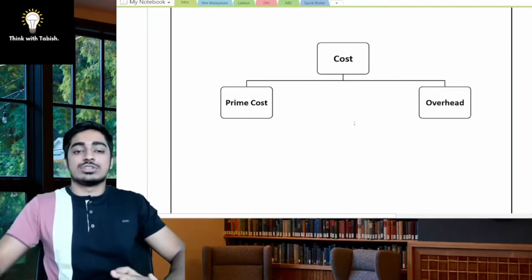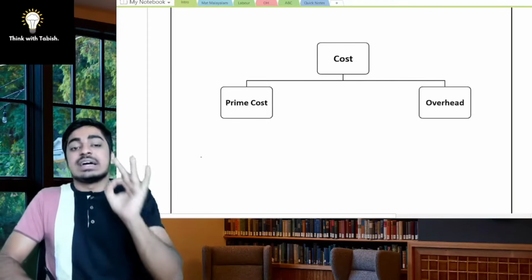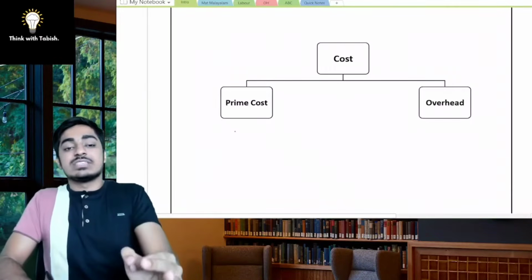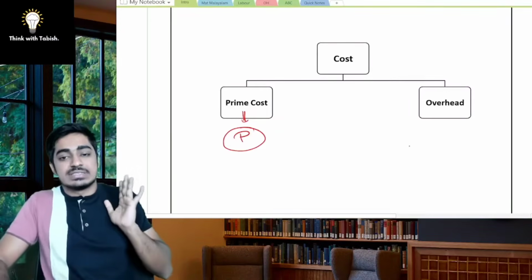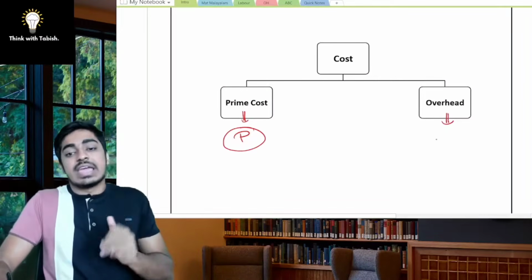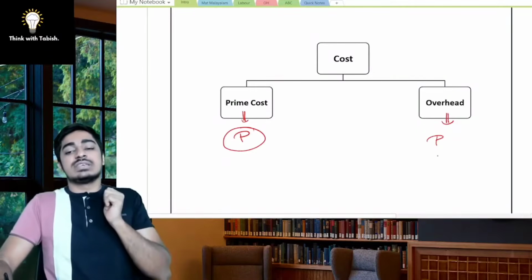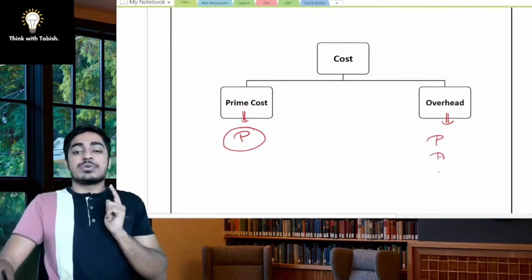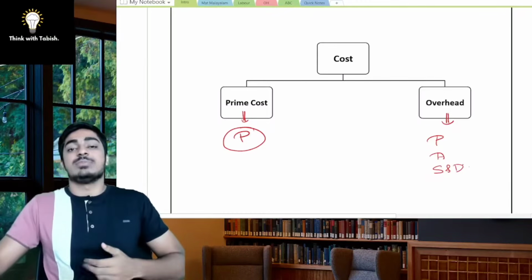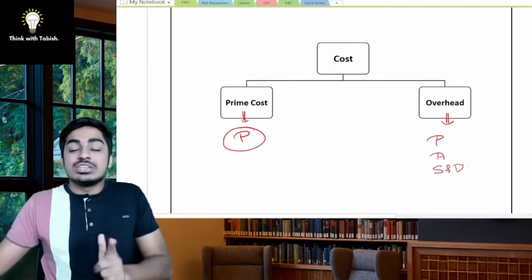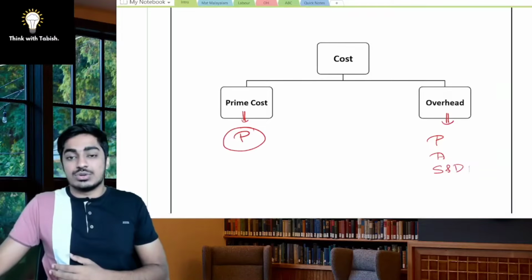Again, bifurcation of cost. Prime cost, direct material, direct labor, direct expense, is always incurred for producing the goods or services. And overheads can be incurred for producing goods or services, for administering the process, or for selling and distribution. Overheads can be production overheads, administration overheads, and selling or distribution overheads.